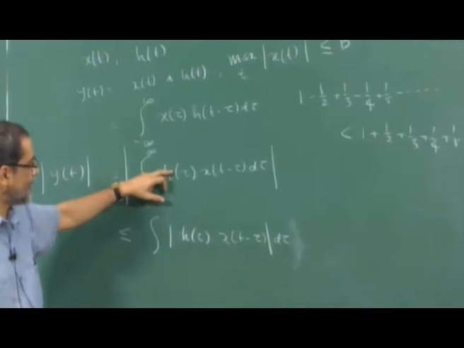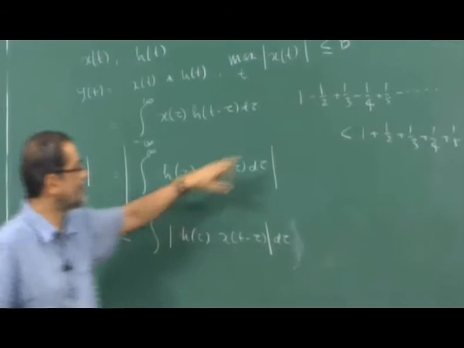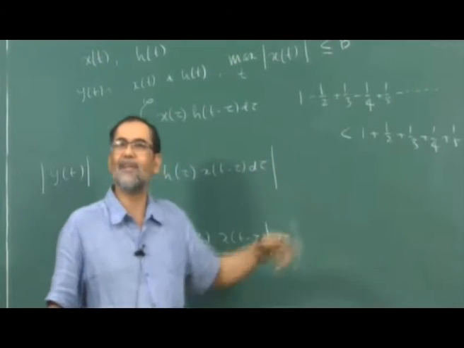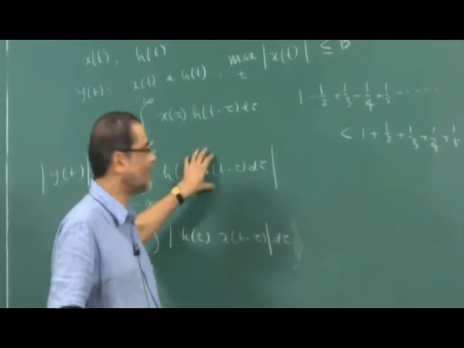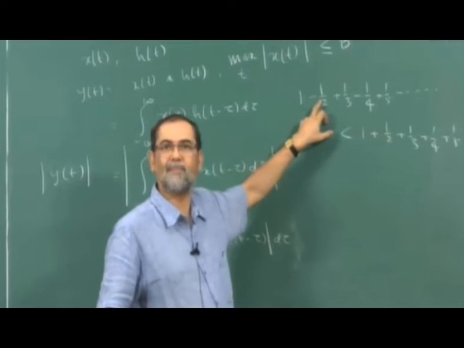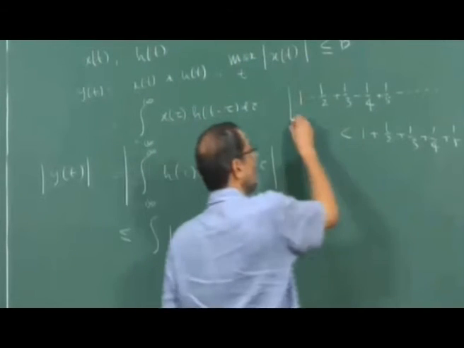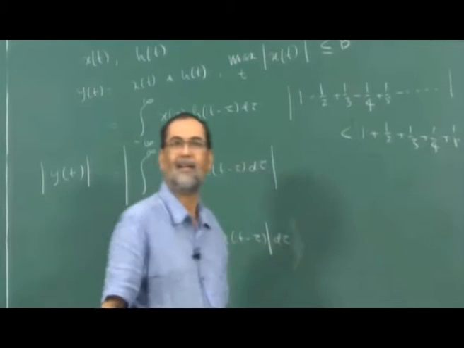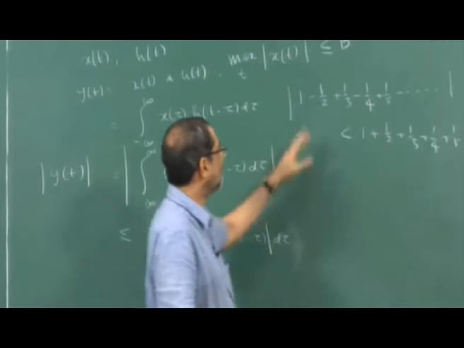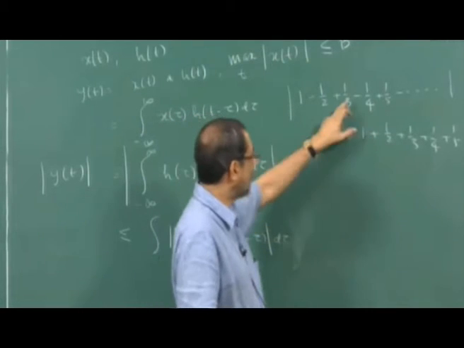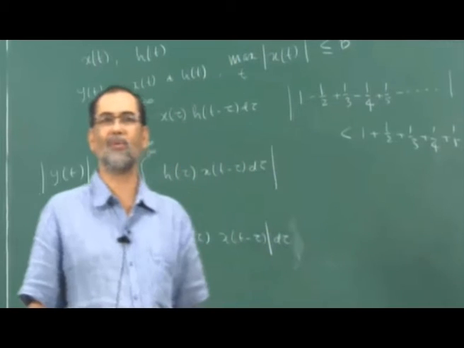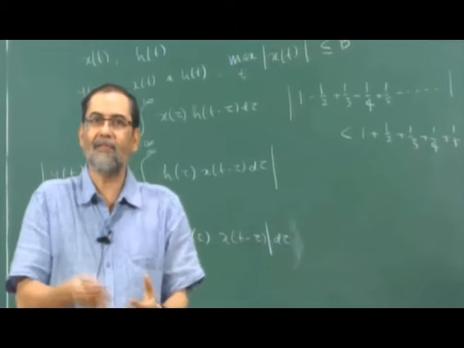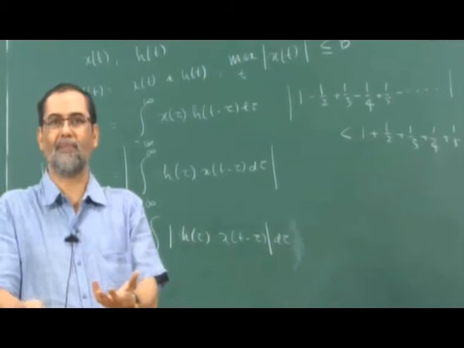I am saying this is less than this for the same reason, because integration is like summation. In the first integration, some terms can be positive, some negative, and I am taking the absolute outside. That is less than the sum of individual absolutes, because when I take the sum of individual absolutes, I am adding up only positive numbers.